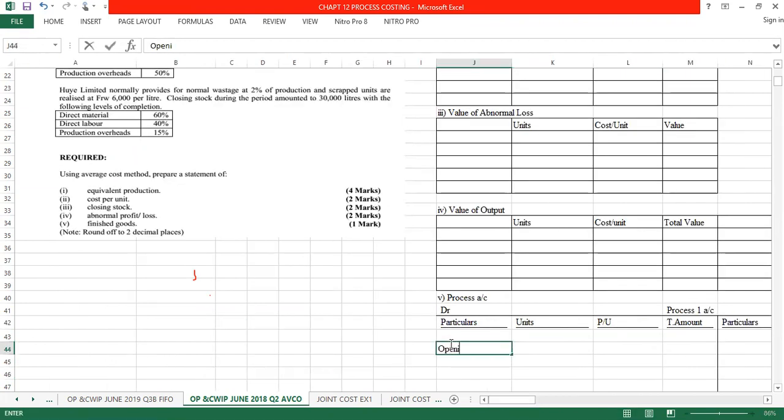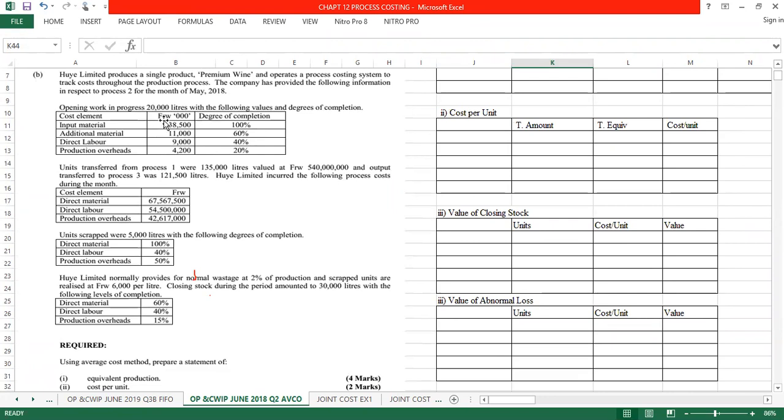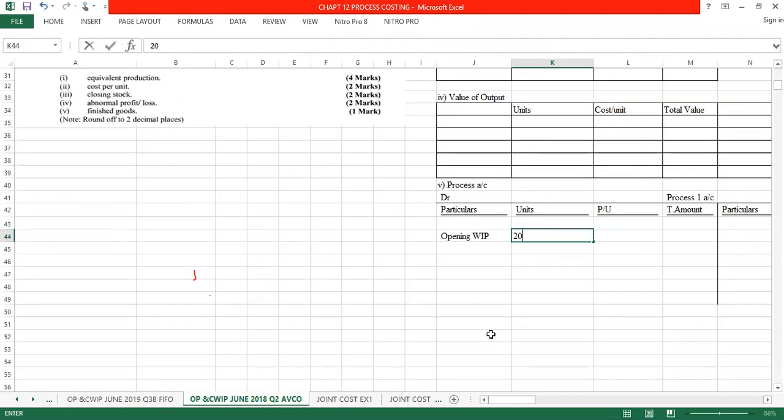So opening work in progress. How many units? You are being told opening work in progress is 20,000.